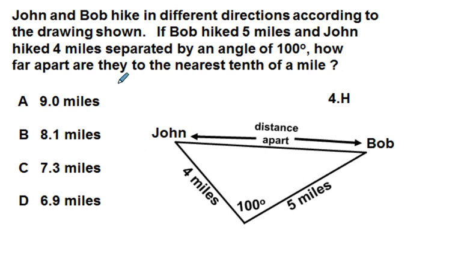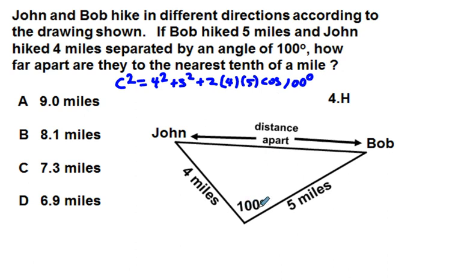So this can be a law of cosines application. So that's going to be c squared equals a squared plus b squared. So I'm going to put 4 squared plus 5 squared plus 2 times 4 times 5 cosine 100 degrees.